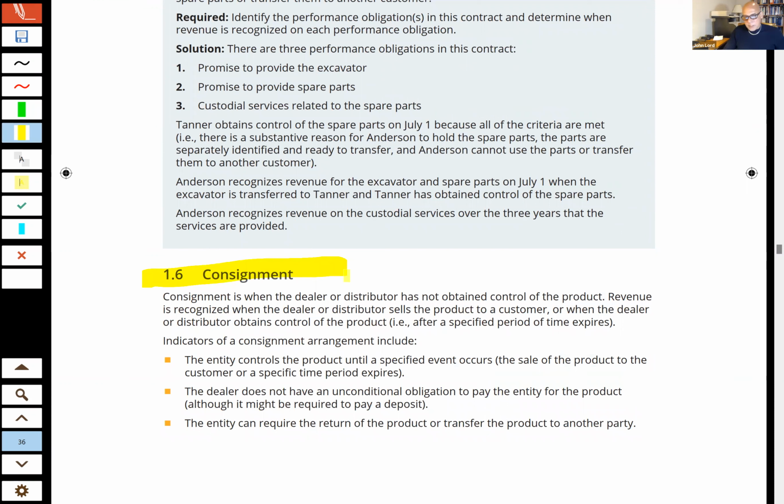Consignment, what happens here? Let's say you pass the CPA exam and you write a book titled Mothers Don't Let Your Children Grow Up to Be CPAs. Now, you want to sell that book, but you go to Barnes & Noble, and they say, no, we're not going to buy that and hold it in our inventory. You get down on one knee and say, please, please do this for me.